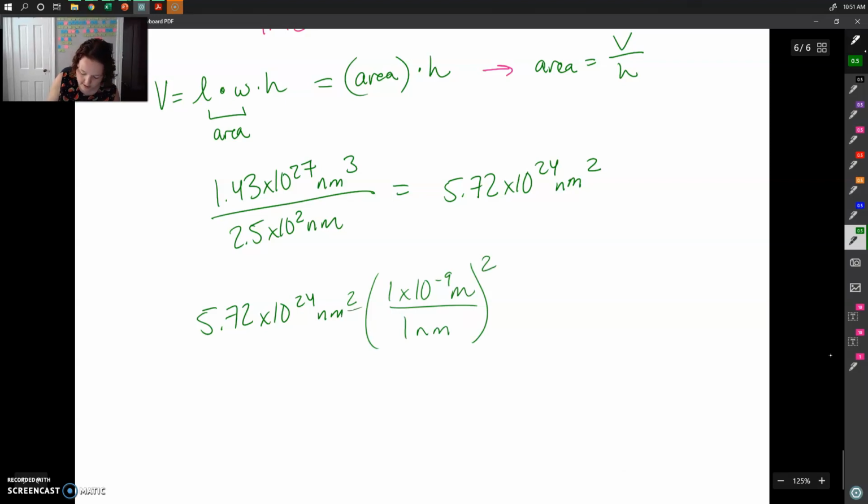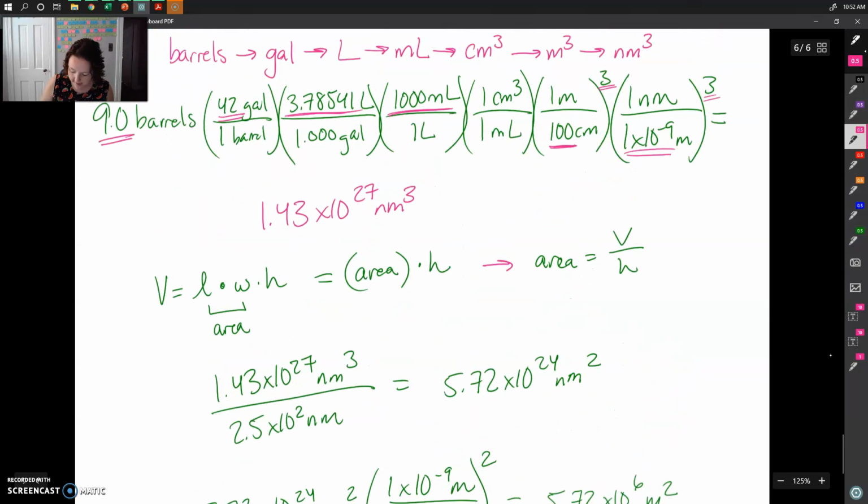Again, noting that the unit here, because it has a square, means I need to square my conversion factor. So this would be 5.72 times 10 to the 24th times 1 times 10 to the negative 9th squared, right? So you want to square that value when you multiply these together. And that's going to give 5.72 times 10 to the 6th meters squared as my final answer.